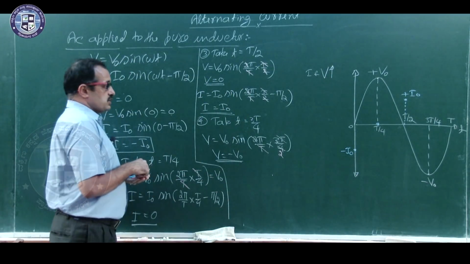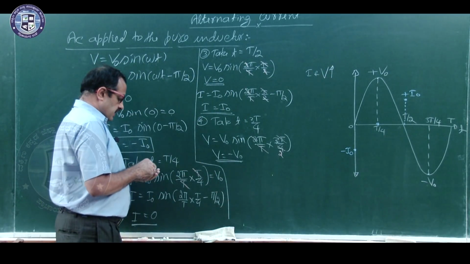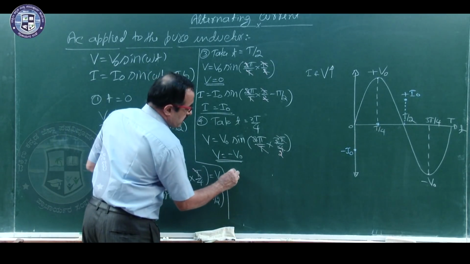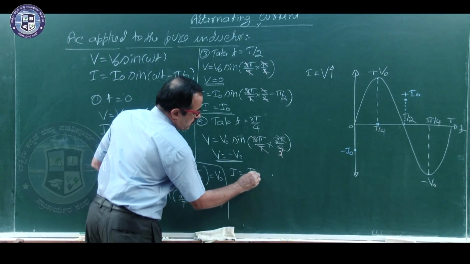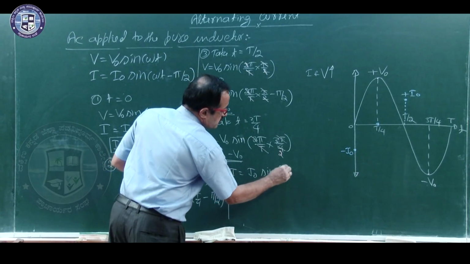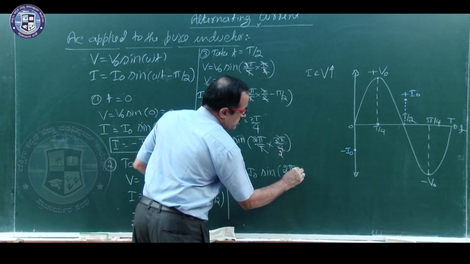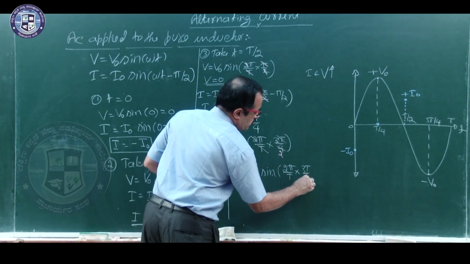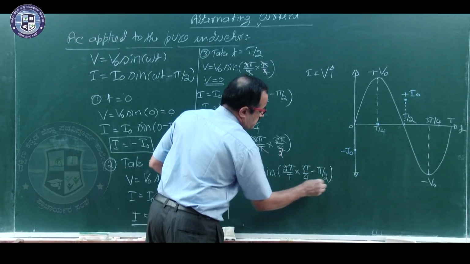What about current? Now, we find out current. Current is given by I is equal to I naught sin 2 pi by T into 3T by 4 minus pi by 2.